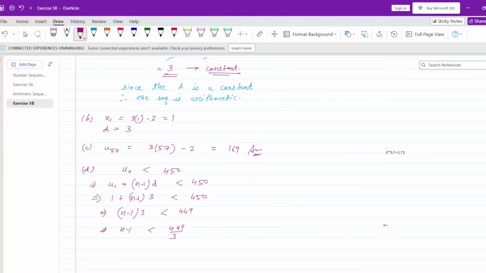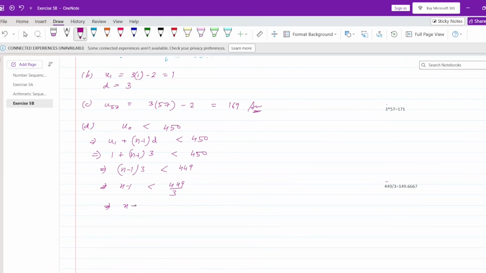Now 449 divided by 3 equals 149.66. So n minus 1 is less than 149.66. And if we add 1 on both sides, we get n should be less than 150.66.